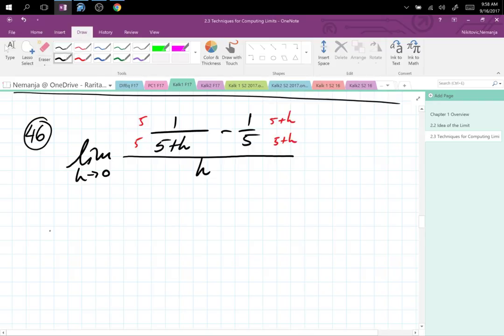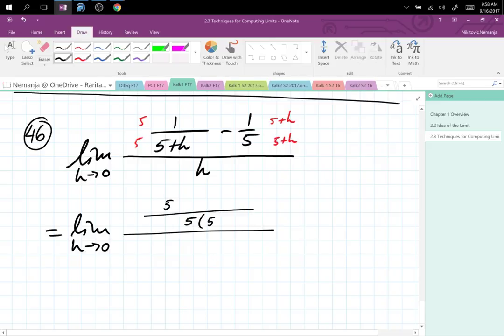Great. So this becomes a common denominator of 5 times 5 plus h. In the numerator we have 5 minus 5 minus h. When you distribute the minus 1, it becomes minus h. These guys die.